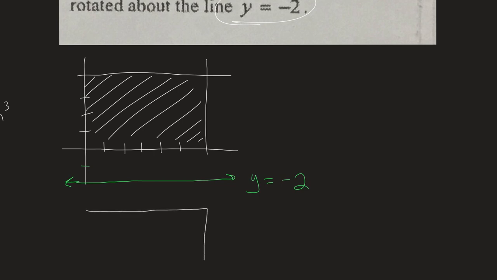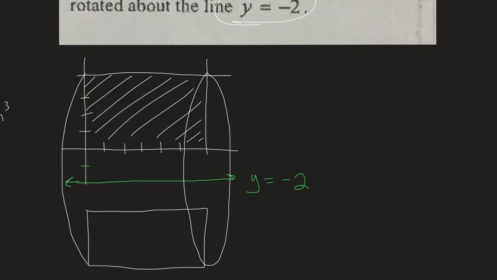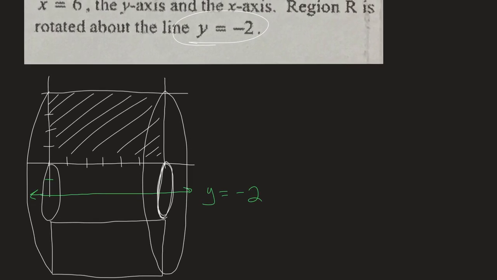It's 2 units above, so it's 2 units below. So we're going to have a cylindrical figure when we rotate a rectangle, with a cylinder missing from the inside. This is like a roll of toilet paper. So we're going to have to do some type of a subtraction, right?